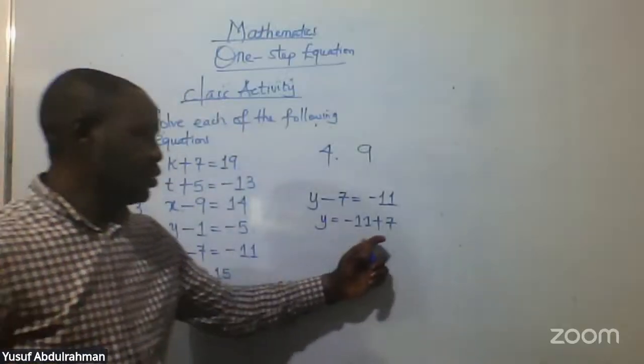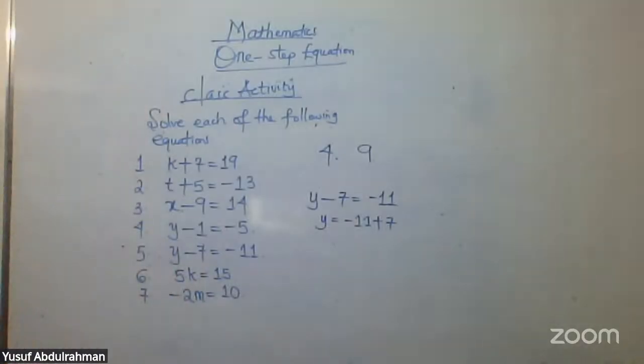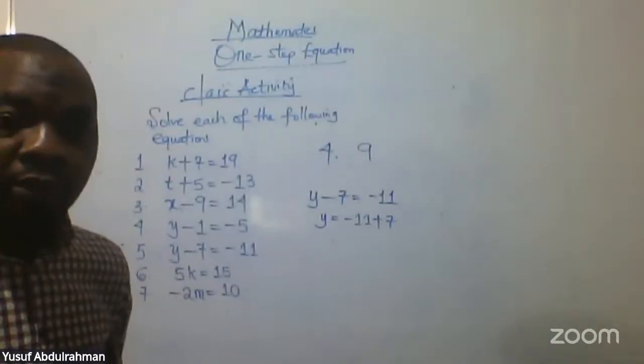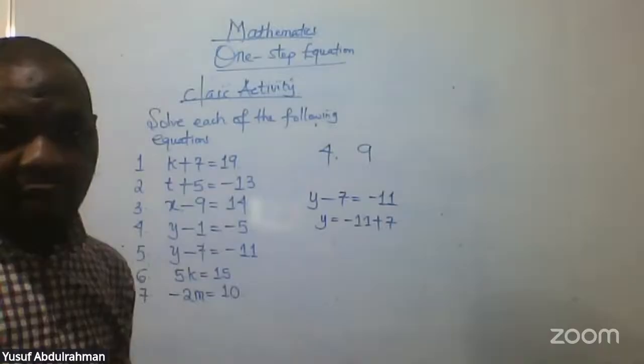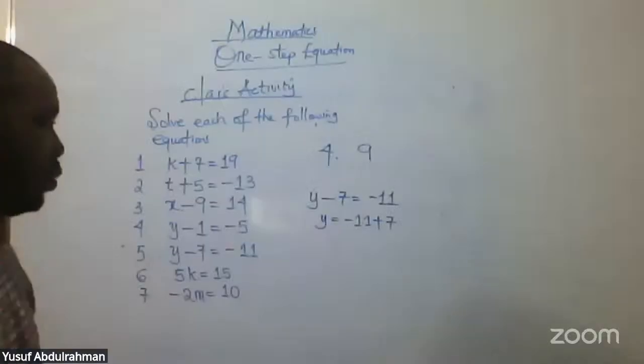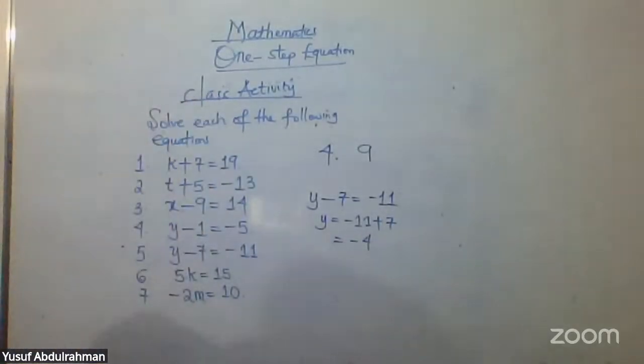Okay, so what is -11 plus 7? -11 plus 7. 4. No, -4. -4, yeah. Now, this is very important.